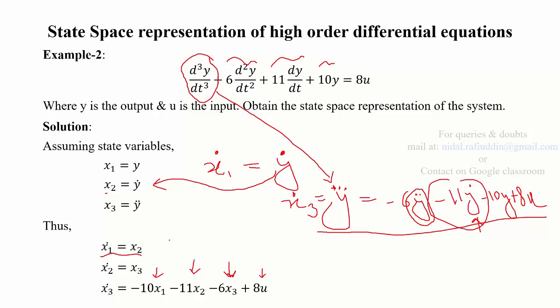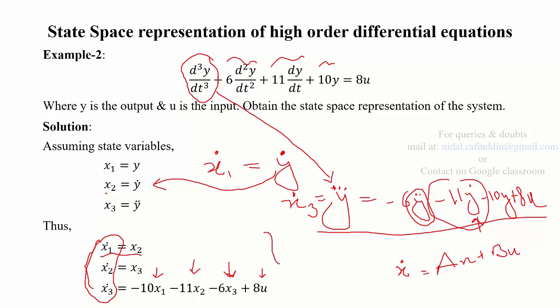So you now got an expression. You got these three equations, x1 dot, x2 dot, x3 dot, which are nothing but the state change x dot. We see that we are getting a sort of relation which was x dot equal to Ax plus Bu, but we are still left with the task of bringing the state equation into matrix form.